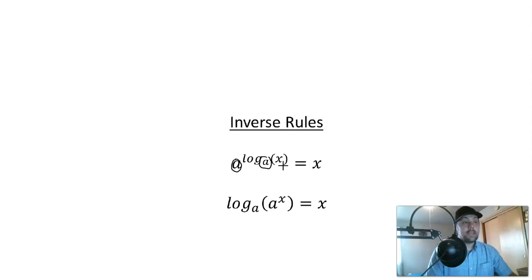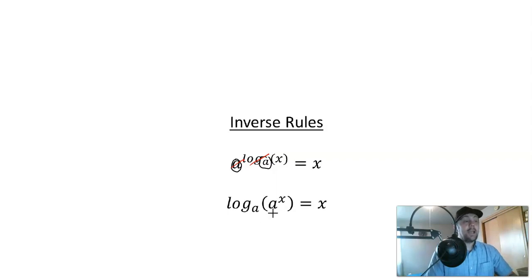So the logarithm needs to be in the exponent and the bases have to be the same. And if those two things are the case, then the base of the exponent cancels out with the logarithm of that base. And all you're left with is x, which here is kind of up in the air. It's up in the exponent, but when these cancel out, it just falls right down to the ground. That's the way I like to think about it.